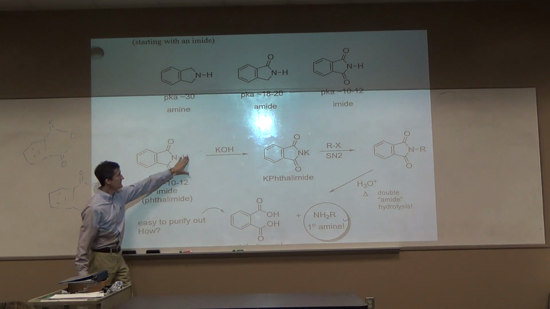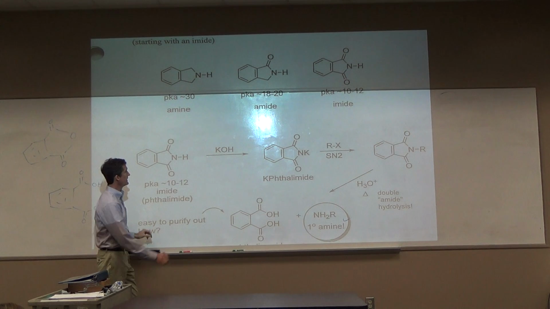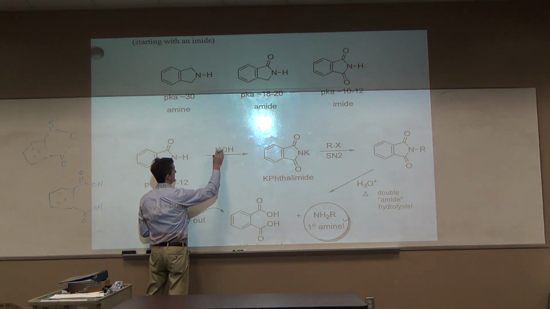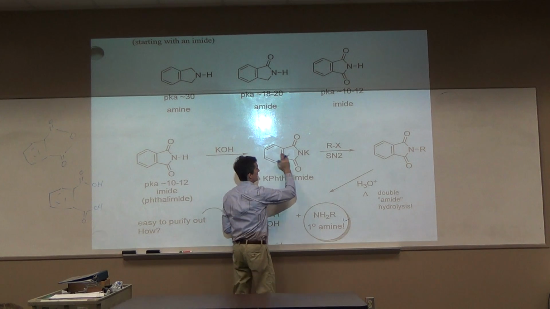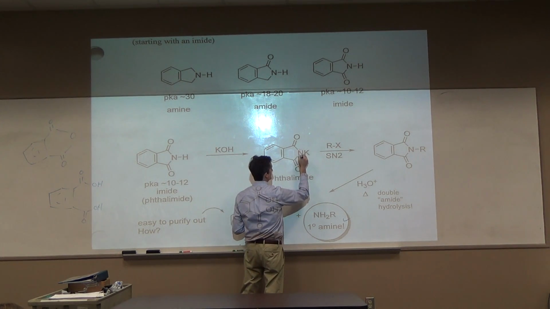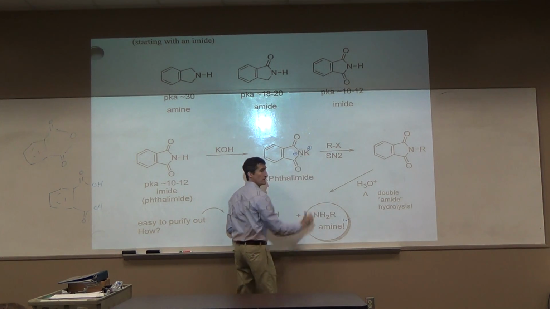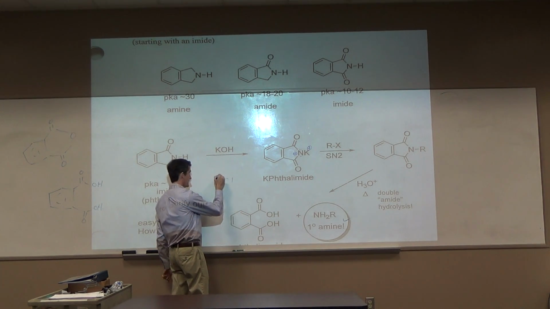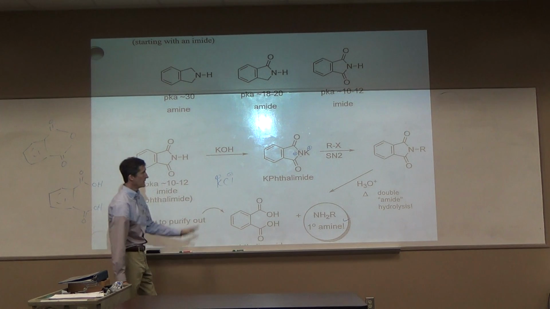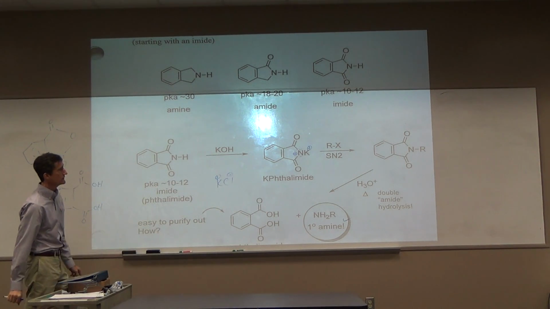But if you take phthalimide and treat it with hydroxide, you can remove the H, right? Hydroxide takes the H. Now this is ionic, right? This is minus, and this is plus, just like KCl, that's plus, and this is minus.